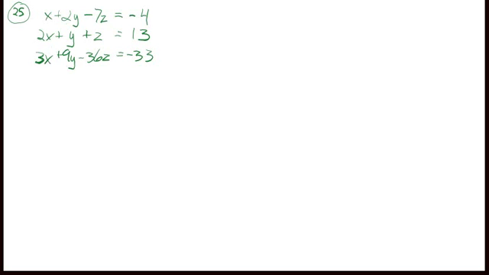Let's multiply this one by a negative 2, and this by 1, just keep it the same. Negative 2x minus 4y plus 14z equals a positive 8.